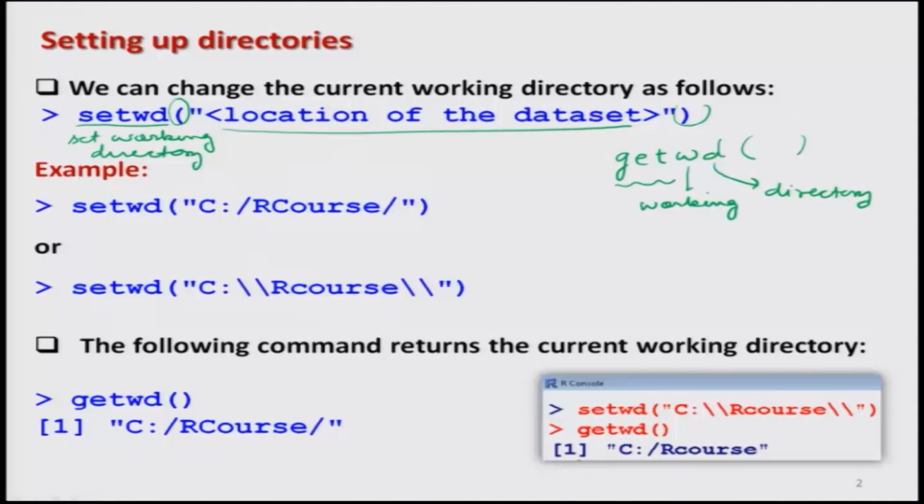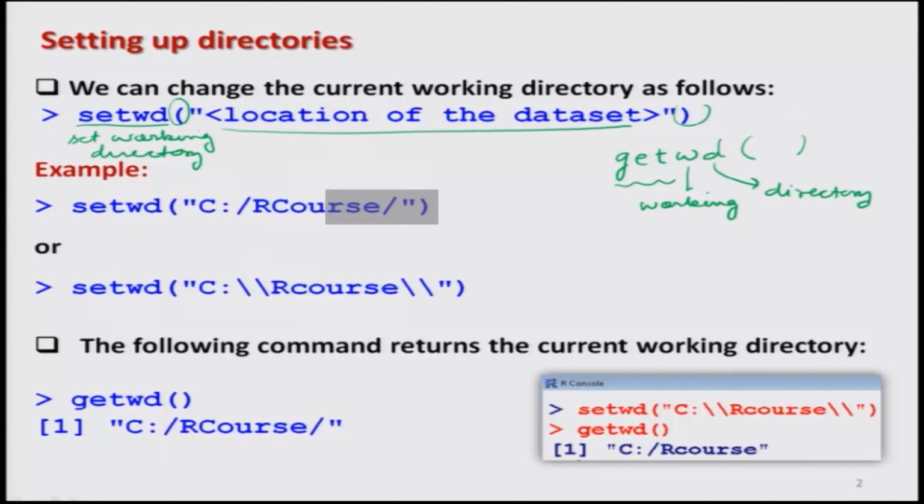And now I want to change this directory. So I have to give the name of the folder and the location. For example, here I can write something like C colon slash R course folder slash, and this has to be enclosed inside double quotes.